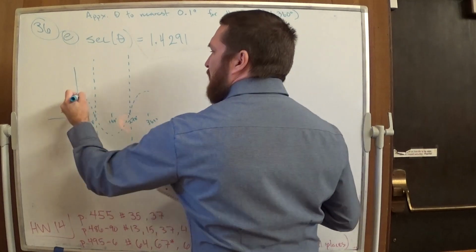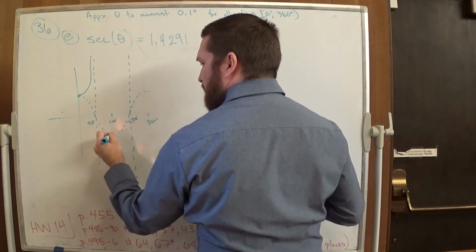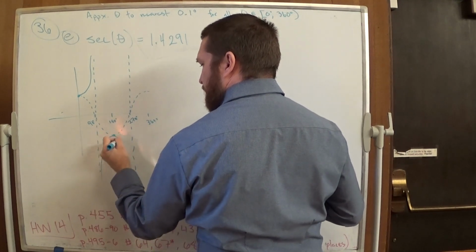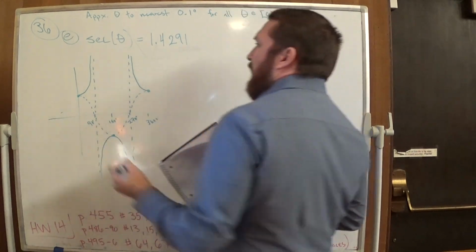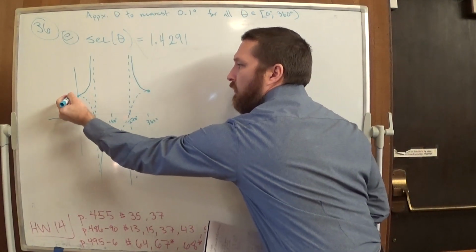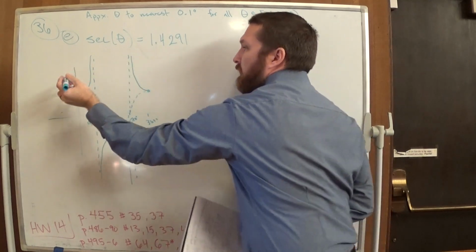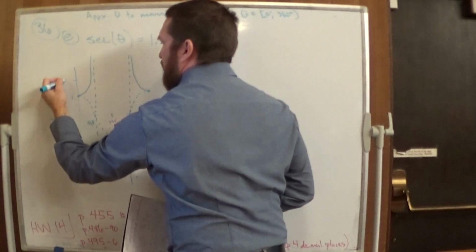Now secant is what I get when I divide by the dotted line, basically. Now, how high up is this right here? 1. And so 1.4 must live up here somewhere. 1.4291.